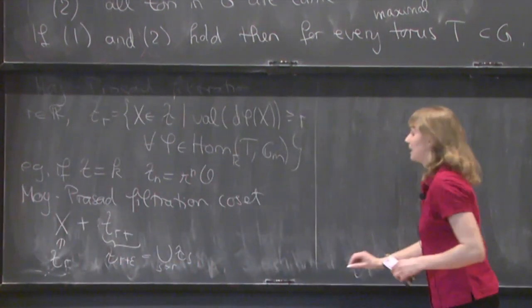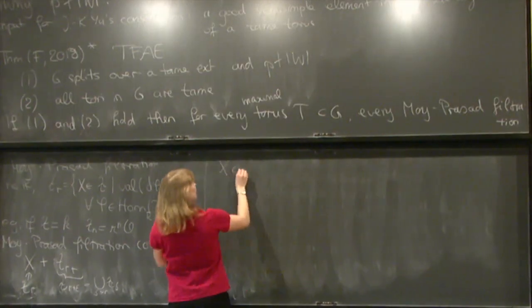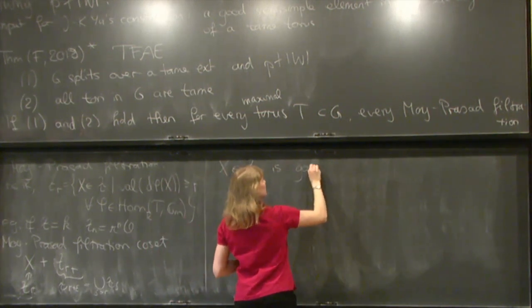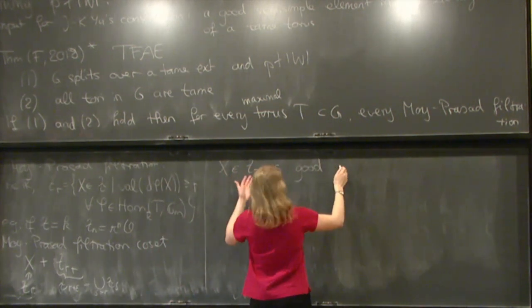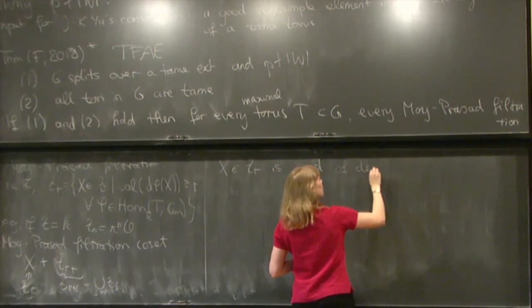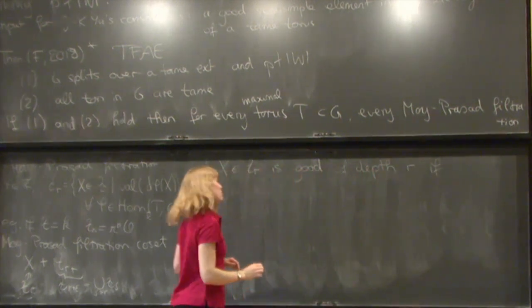So what are these particularly nice elements? X inside T sub R is called good semi-simple, I mean semi-simple because it's inside T anyways, good semi-simple of depth R if the following holds.